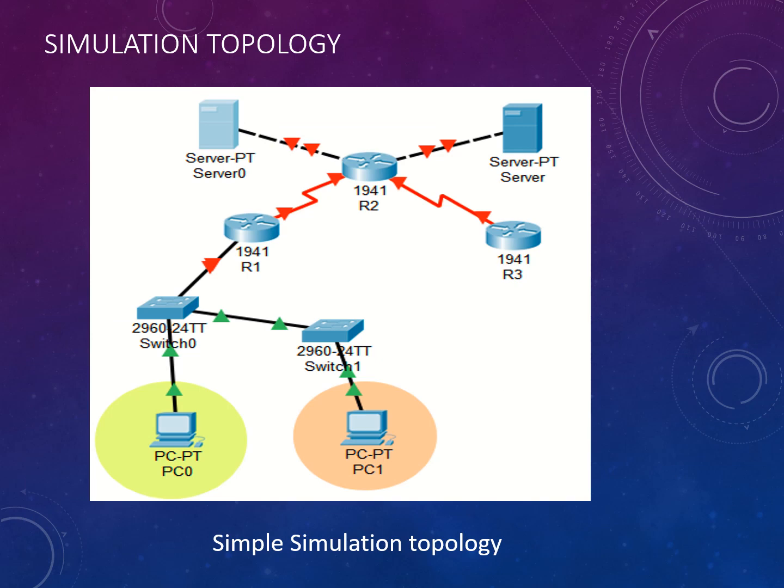And in order to test this application, we used it within a simulator. We used it within the Cisco Packet Tracer simulator, and we developed a simple topology as part of a practical exercise that students could perform.